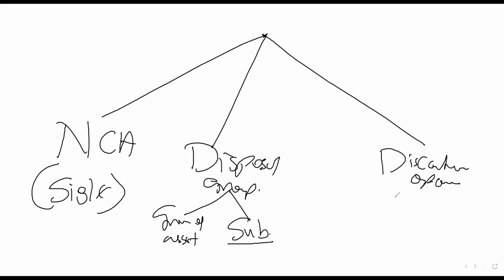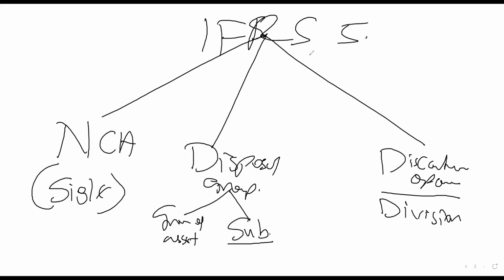This one has to talk about a division. A division, normally like segment reporting. So three things make up IFRS 5. You have to make sure that you know the conditions.